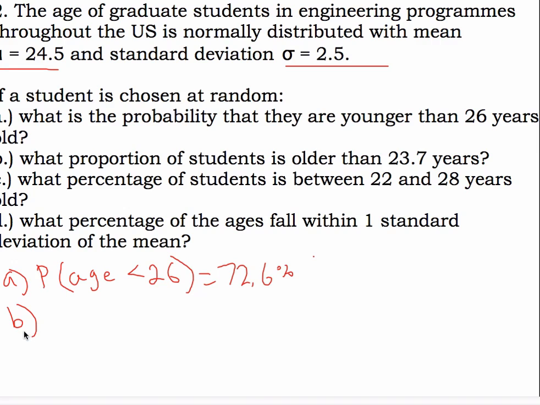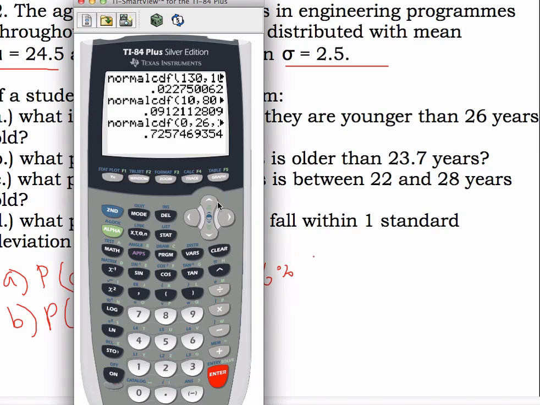Part B, what proportion of students are older than 23.7 years old? Again, second function, entry, and I'm going to just change those first two numbers. Greater than 23.7. So for this one, I want a large number.